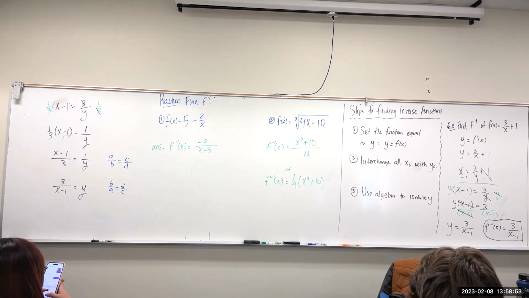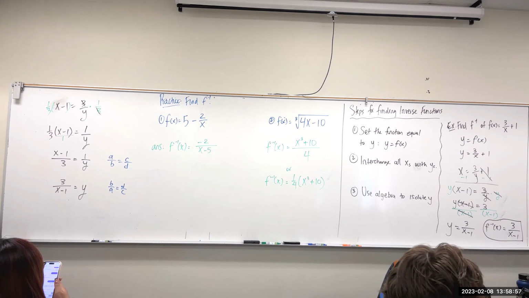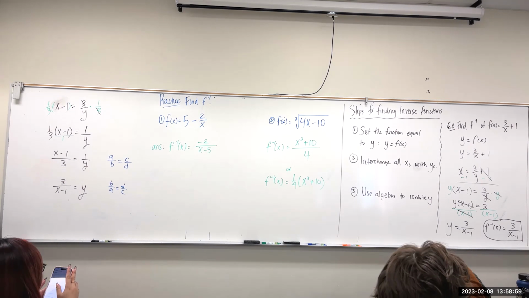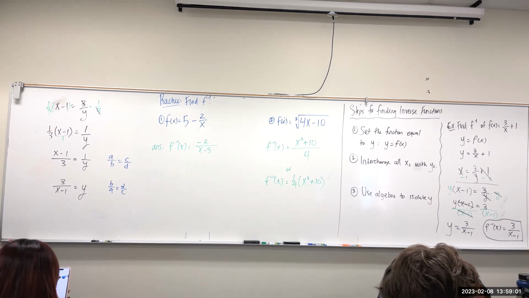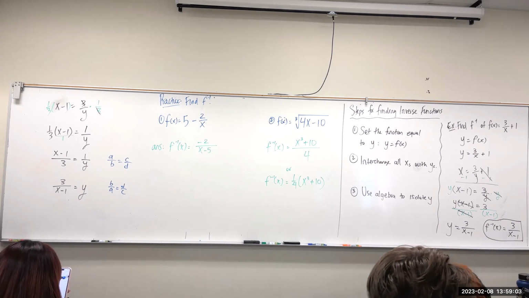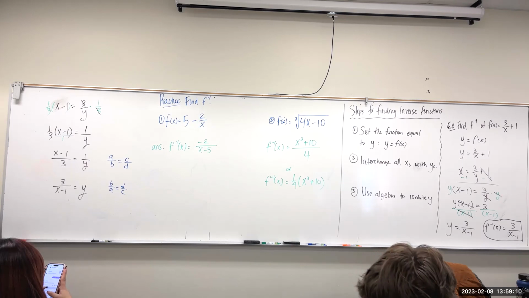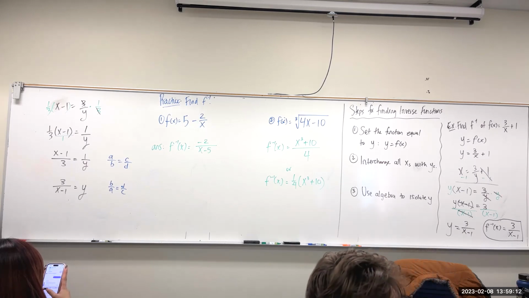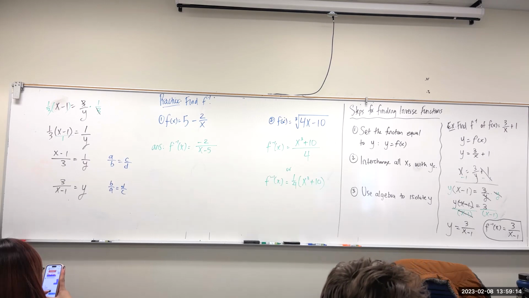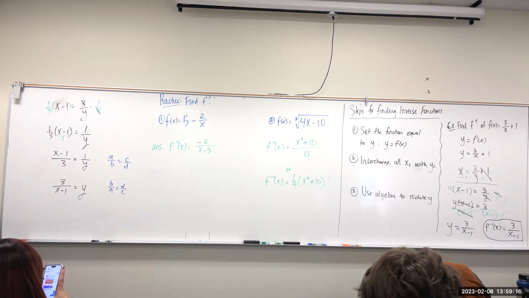If you square both sides, the square root and the square undo each other. So the cube root again? To undo a cube root, cube.